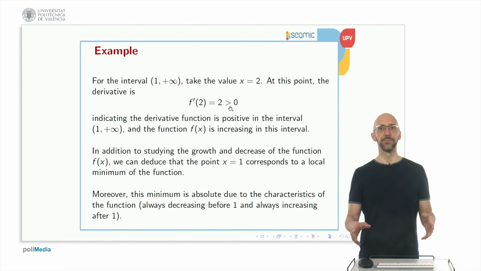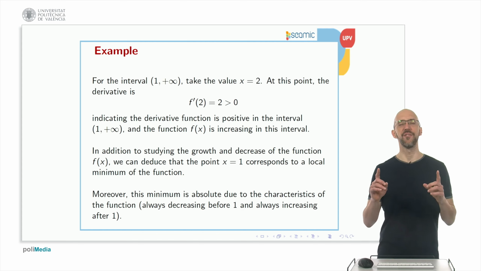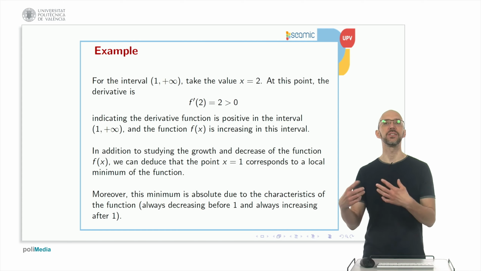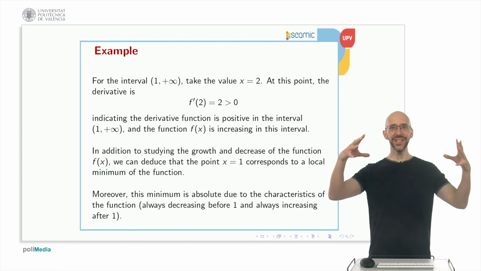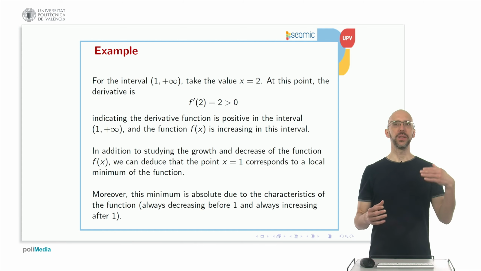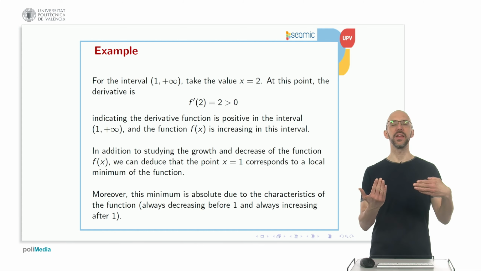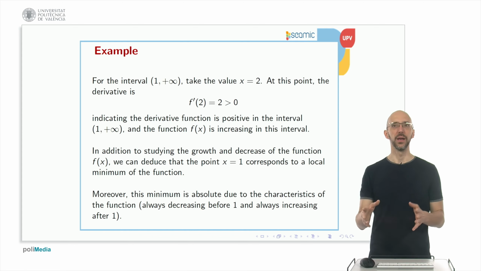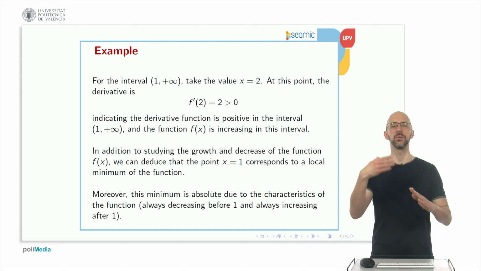And what does this mean then? This means that the derivative in the interval 1 to plus infinity is positive. And also, this means that the function is increasing. So, putting everything together, between -infinity and 1, the derivative is negative, the function is decreasing. From 1 till infinity, the derivative is positive, the function is increasing. Applying the first derivative test, the derivative passes from negative to positive.